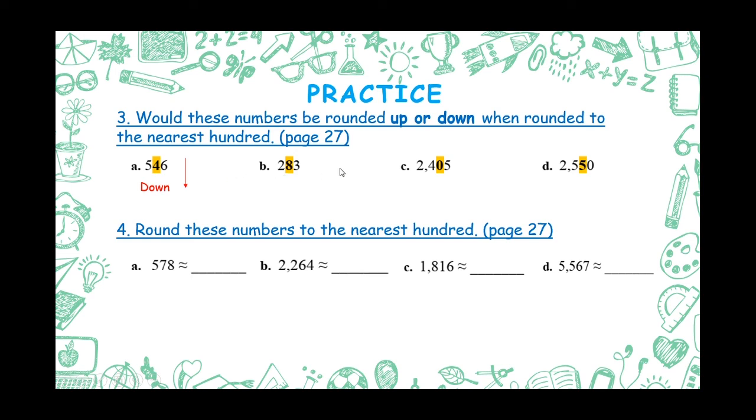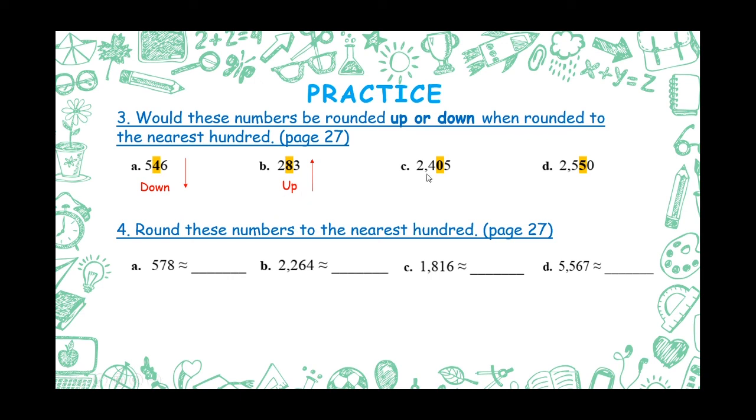We'll do B together and do C and D by yourself. So look at the tens. We have 8 tens. Do we round 8 up or down? Up. Well done. And do C and D by yourself and we will check together. Are you ready?